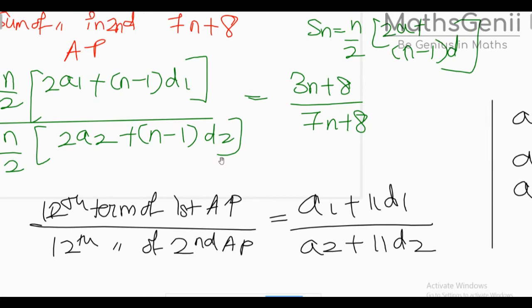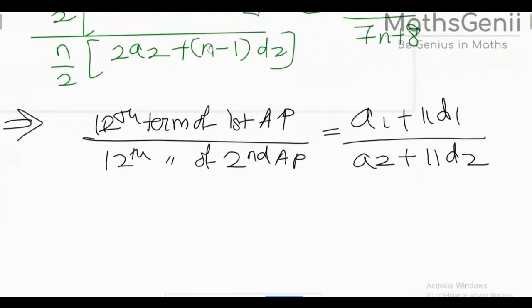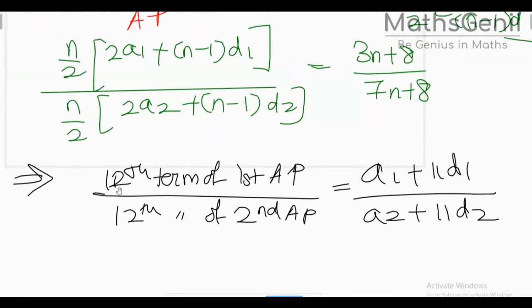So now what I can say is, in this question, n by 2 will get cancelled. Then if you look at this statement very carefully, now I'm going to write it again.